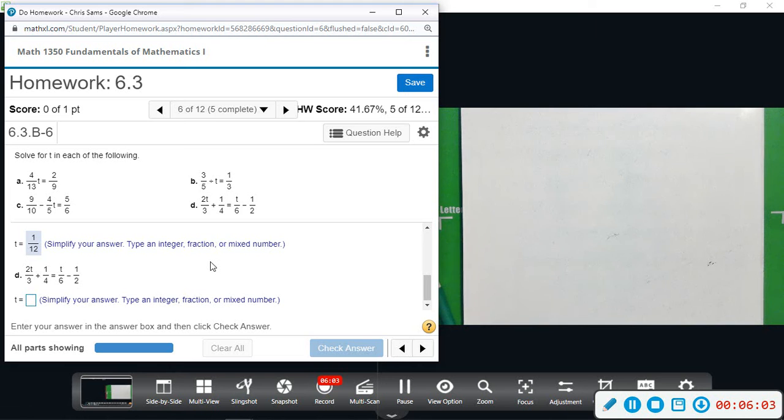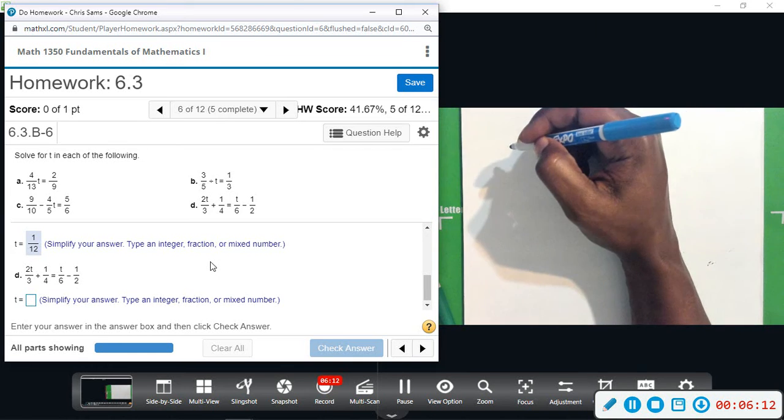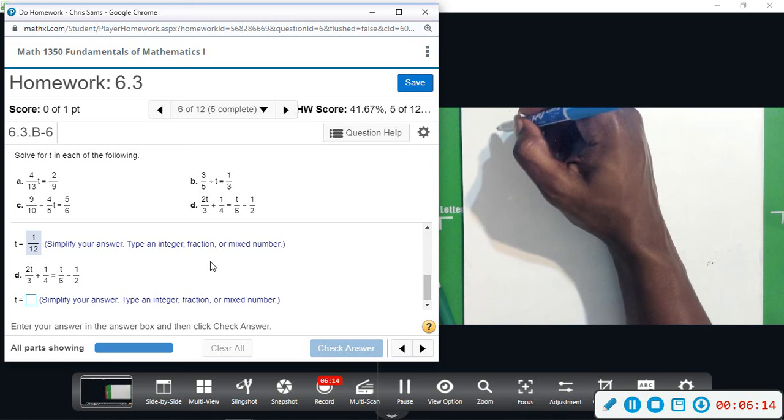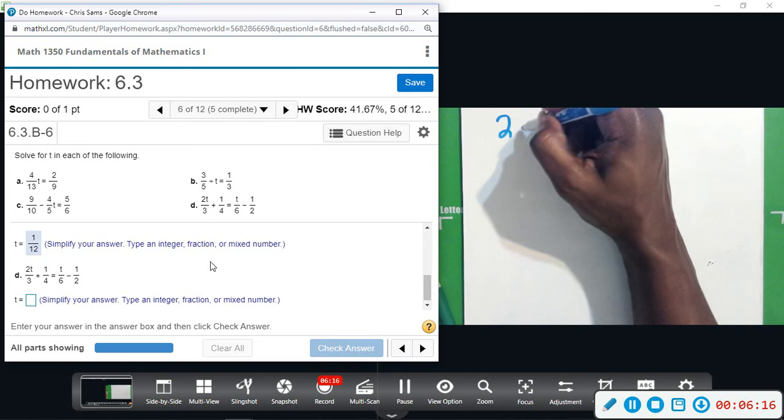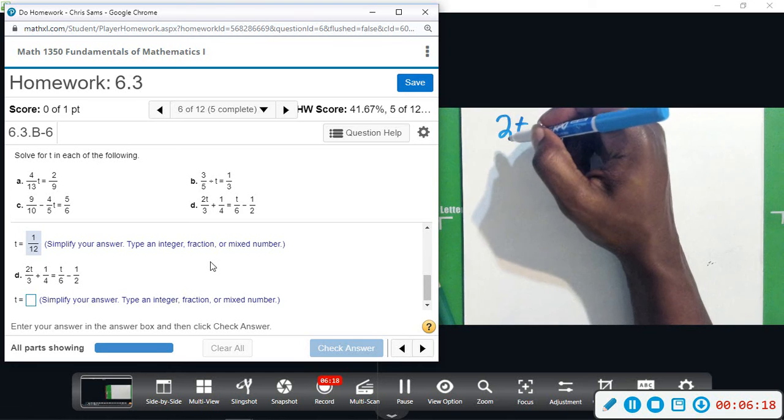And then part D. So we'll just do that method of combining fractions when you're dealing with 2 at a time.